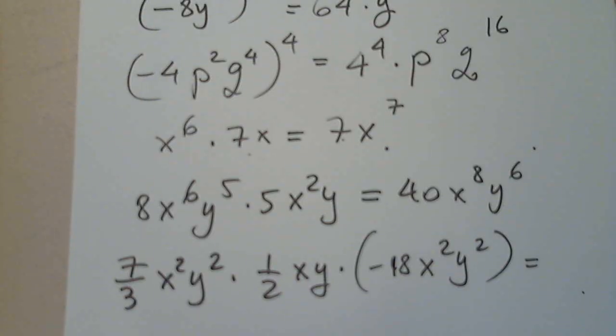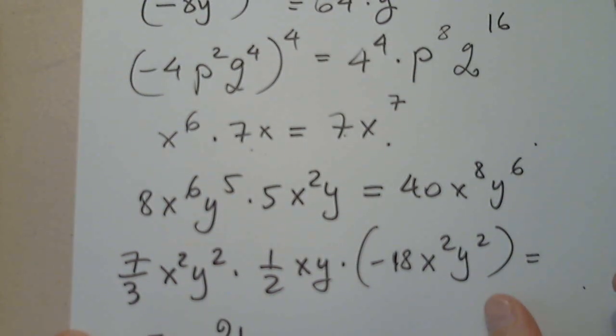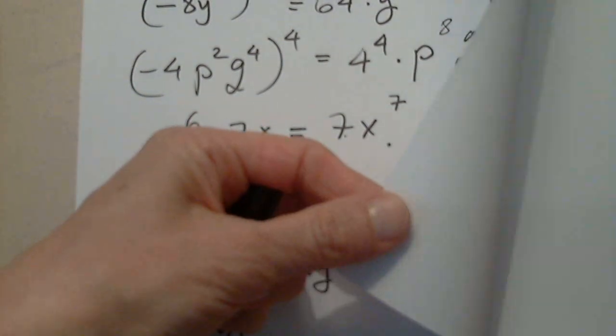So we can take it out of the way ASAP. What will be the sign of 7/3 times 1/2 times negative 18 so we can take it out of the way? Negative 21. Yes, indeed. So let me show how we get that negative 21.